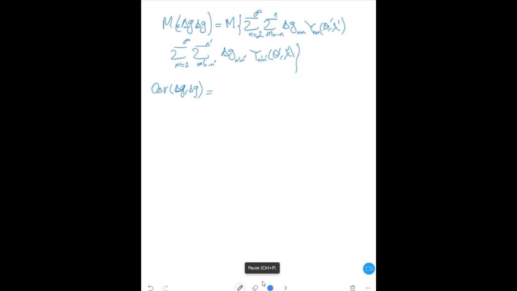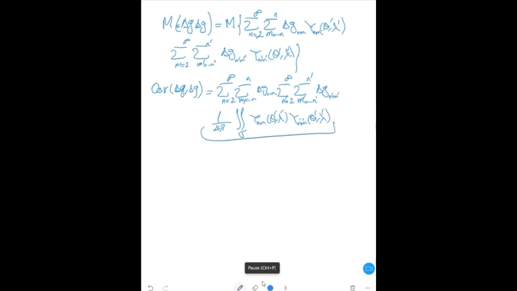The result will be summation over n, summation over m, delta g n m, summation over n prime, summation over m prime, delta g n prime m prime, and the operator in here, 1 over 4 pi, integral over the unit sphere, spherical harmonics with degree n and order m, and spherical harmonics of degree n prime and order m prime.